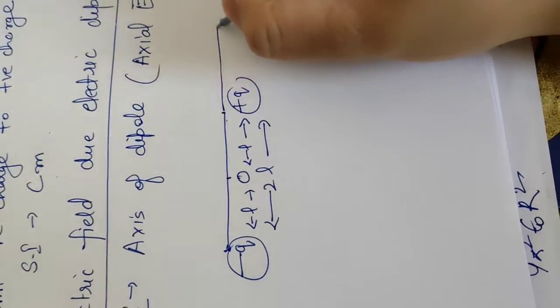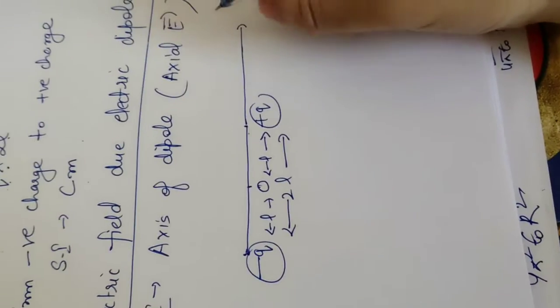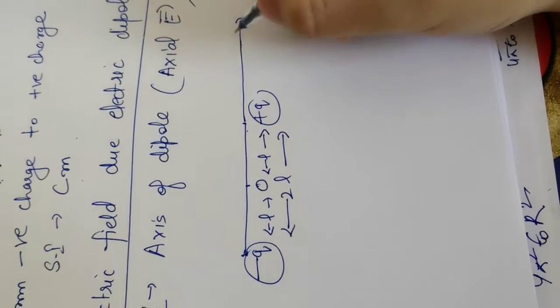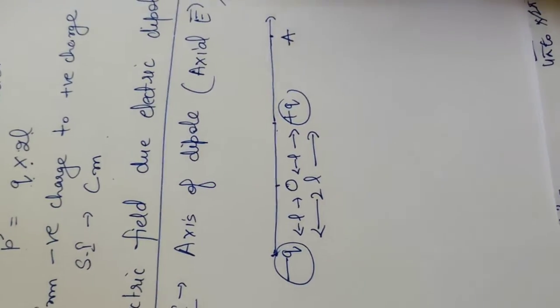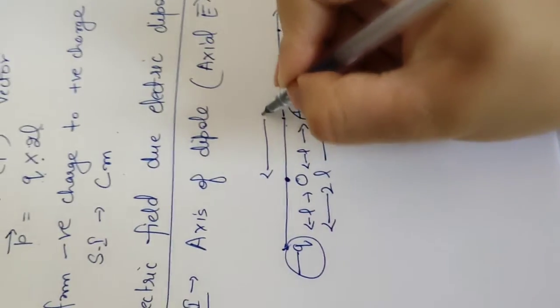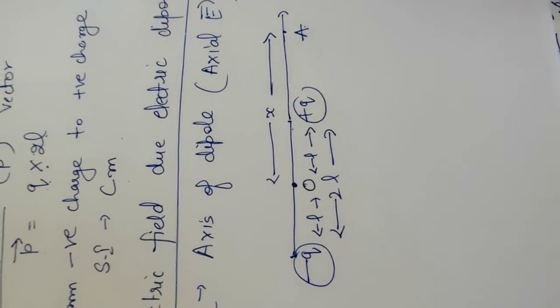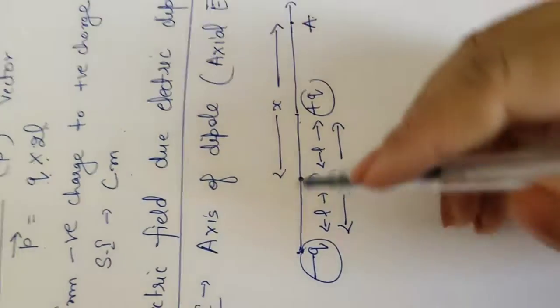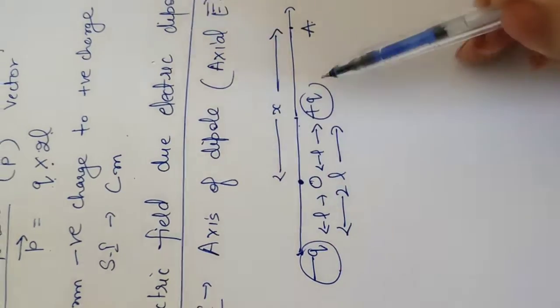If we extend it in either direction, we get the axis of dipole. So we have to find the electric field due to this dipole at any point lying on this axis. So we are taking point A, such that this point A is at a distance of x from O.